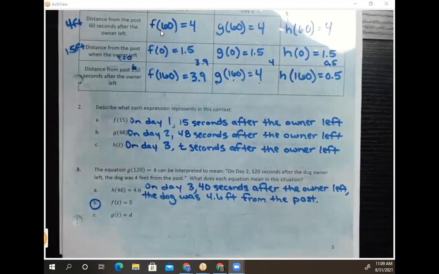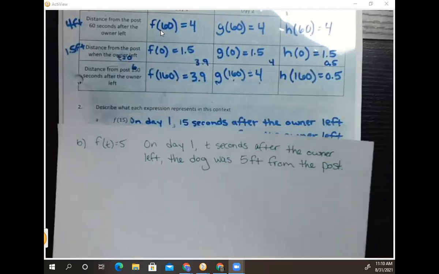Write out in words for me what we're representing there with that function notation. Check your answer for B.